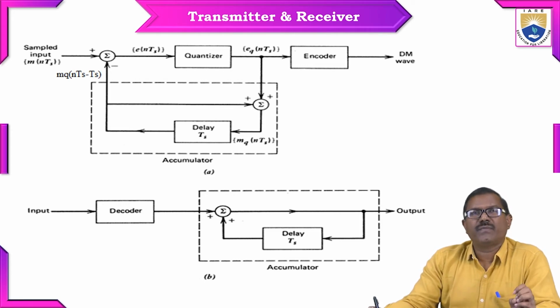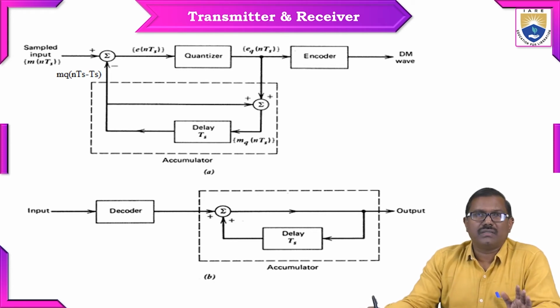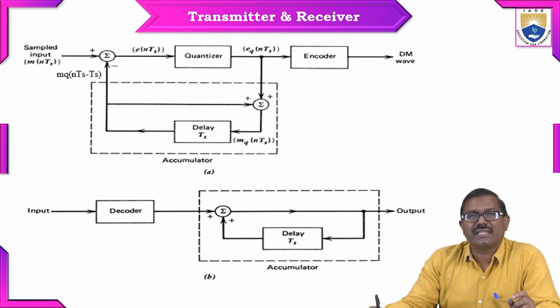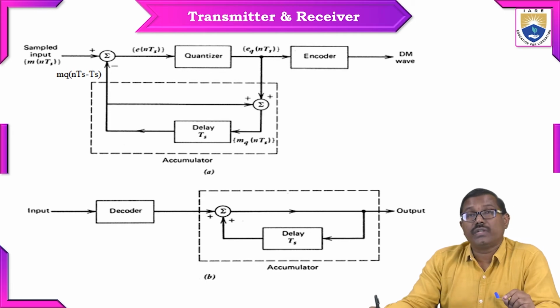So here the sample input is m of nTs, but basically it is m of t. We apply m of t to the sampler, then it converts into m of nTs. m of nTs indicates a discrete in time version, but not in amplitude. Already we discussed this in PCM.